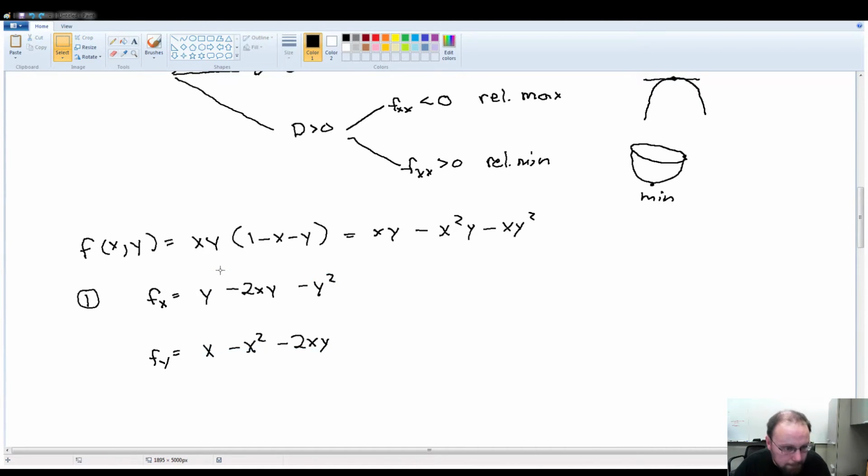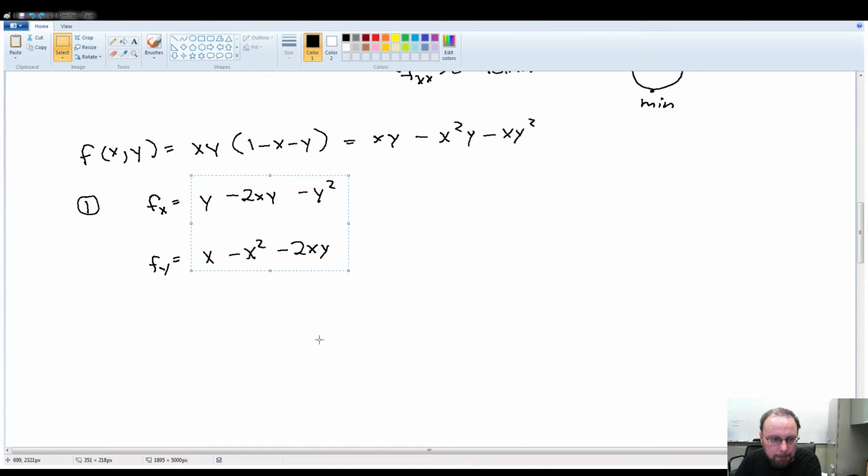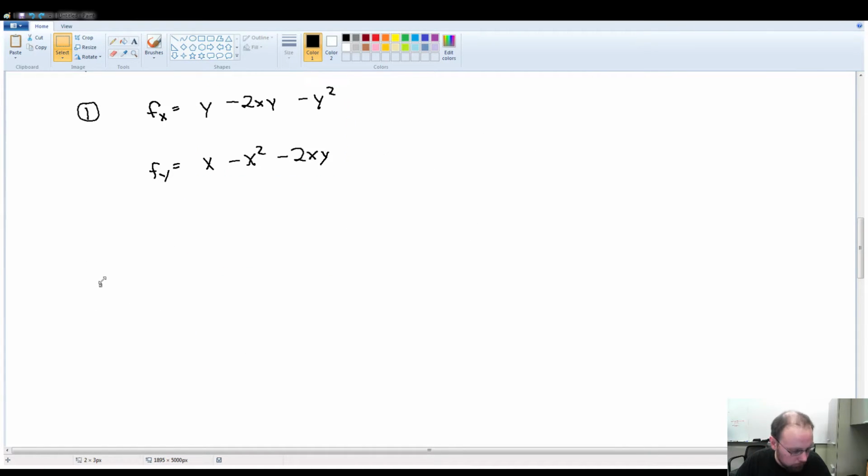Okay, so we set the first derivative equal to 0 and the second one.